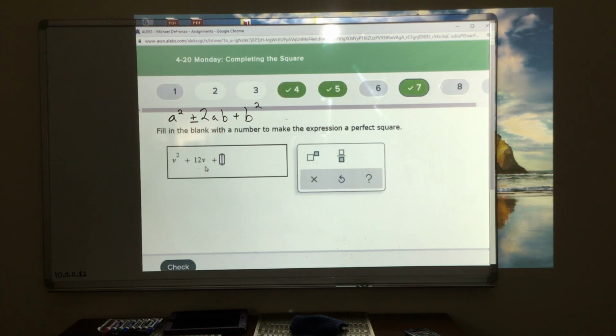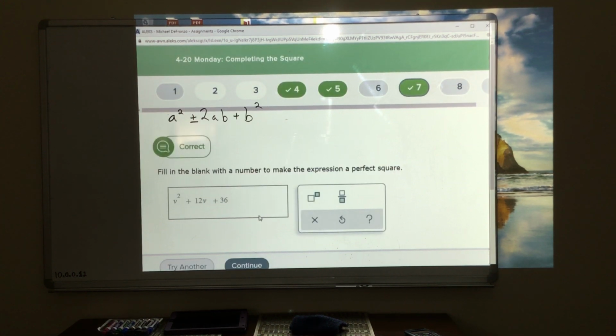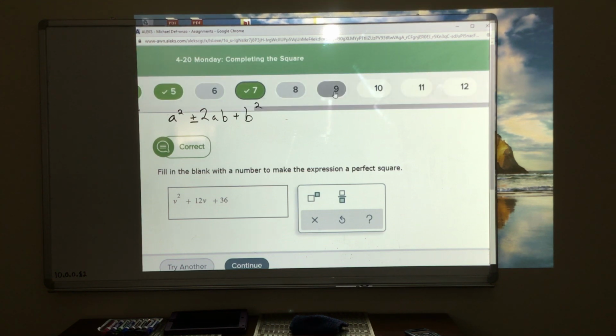These will go pretty quick if you know what you're doing. So now let's look at the next problem type.